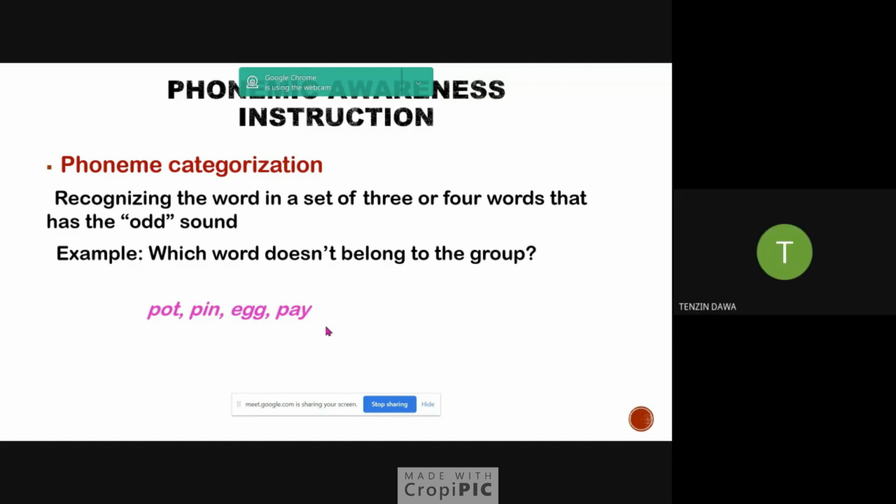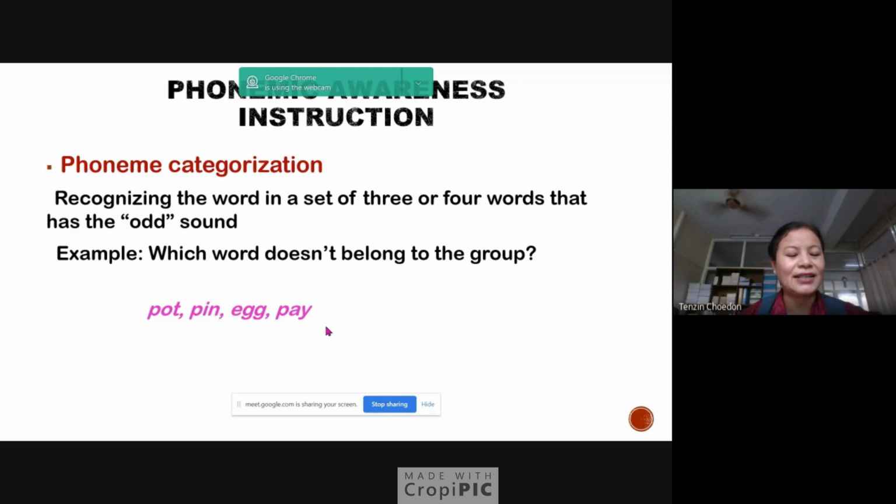Because, ma'am, the sound of the rest of the words starts with the phoneme k, except dog. Right. So right now the way I'm doing this is assuming you as my children, because this is how you have to do with your children. Okay, so phoneme categorization is clear, I think.